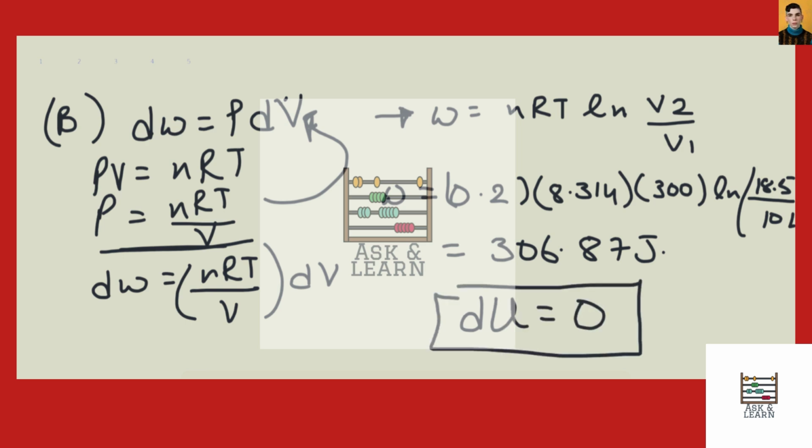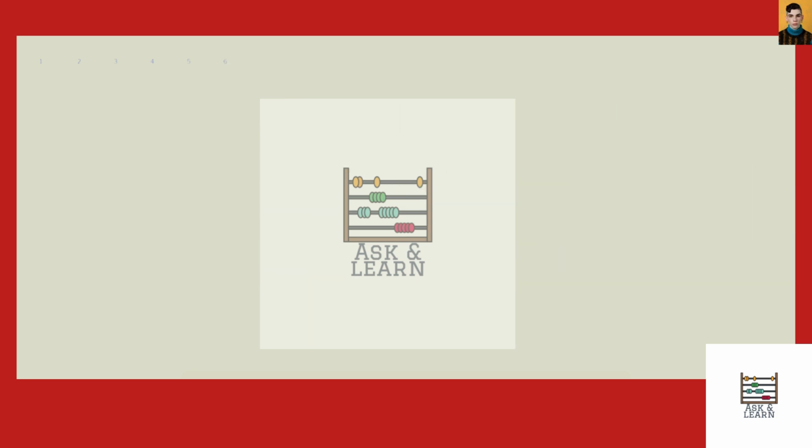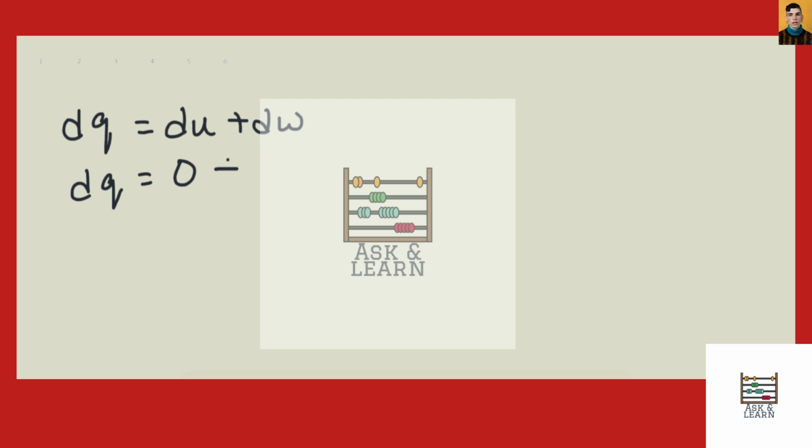According to the isothermal process, the internal change in energy, that is dU, will be equal to 0. But according to the first law of thermodynamics, we have the equation dQ equals dU plus dW. We substitute the values: dQ equals 0 plus dW. The dQ value will be equal to dW.